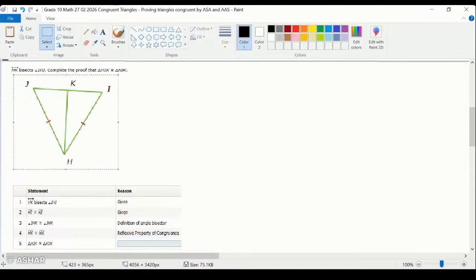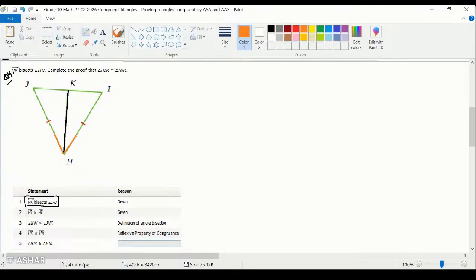In this shape, what we can see is one of the sides, okay, what it says is HK bisects angle IHJ. HK is a bisector. What is it bisecting? It's bisecting the angle IHJ.